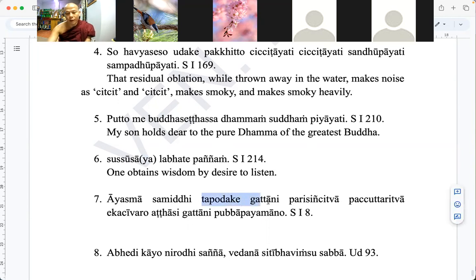So the bodhagi gadani brisejitawa and bijodharitawa, and the eka jiwaro atasi. And then gadani obabaya mano. So actually here the subject is ayasama samadhi and then atasi. Member is atasi.